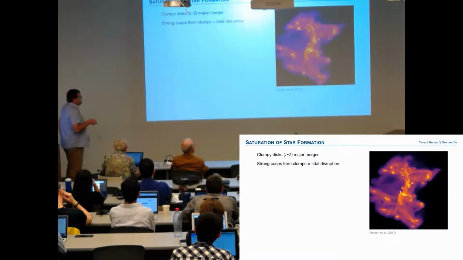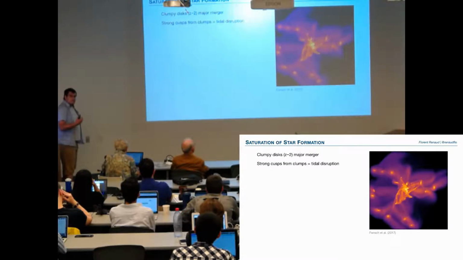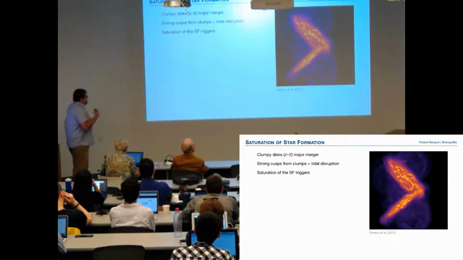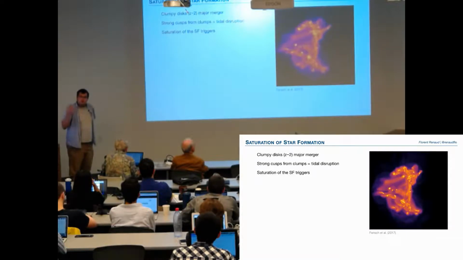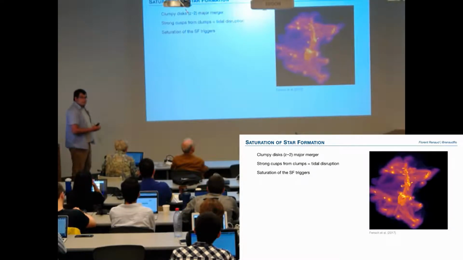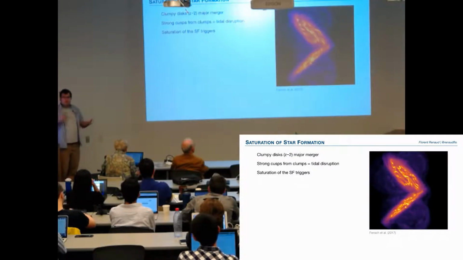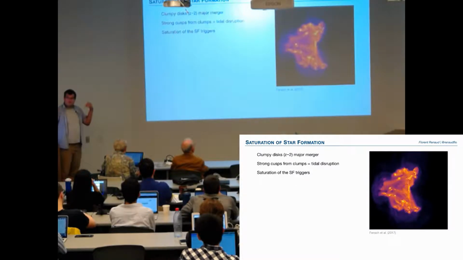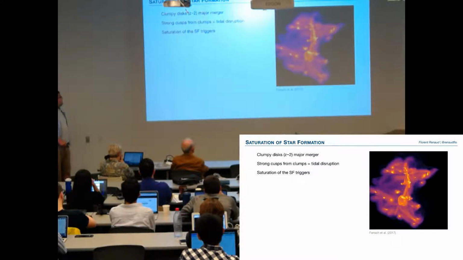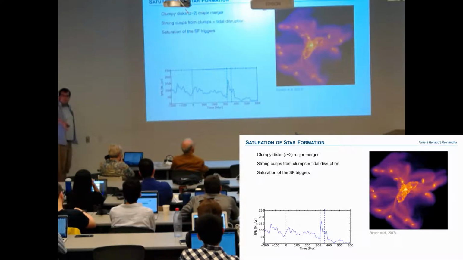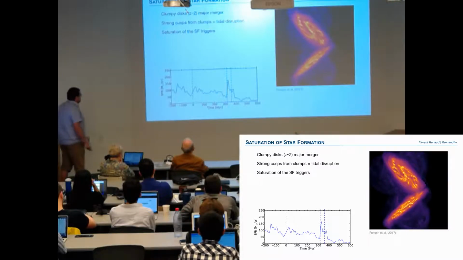Because of these strong cusps, they generate a strong tidal disruption, and you kind of saturate everything that would trigger star formation at low redshift. So all the usual triggers, inflows, compressive turbulence, shocks, etc., versus dispersion, saturate, and therefore you cannot get your usual boost, your usual starburst in star formation.